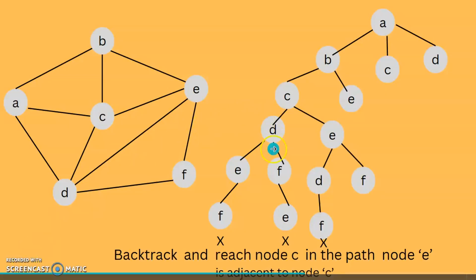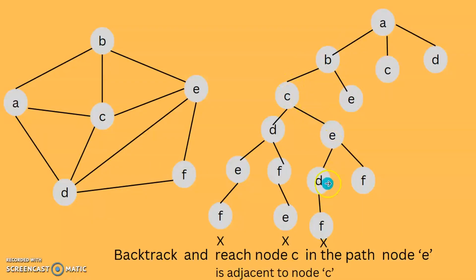As these paths have reached a dead node, backtrack and reach node C, and there is another adjacent node to be explored, that is node E. Now you find the adjacent nodes of node E. The adjacent nodes for node E are B, C, D, F. But already in this path B and C have been visited.